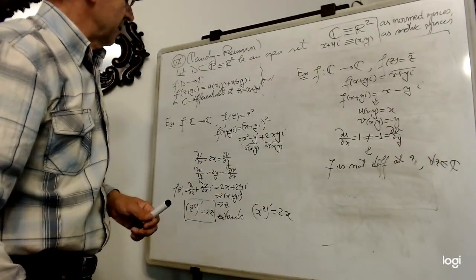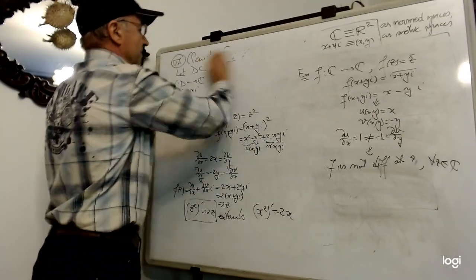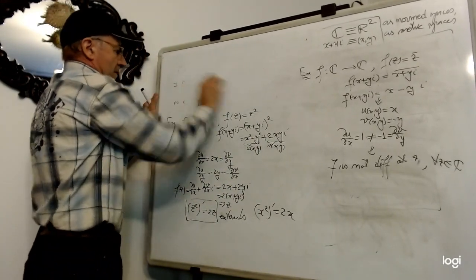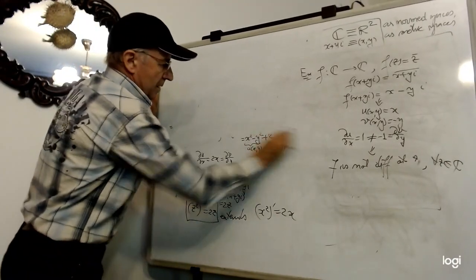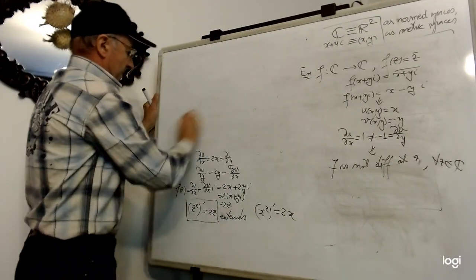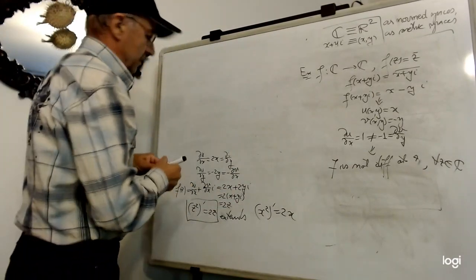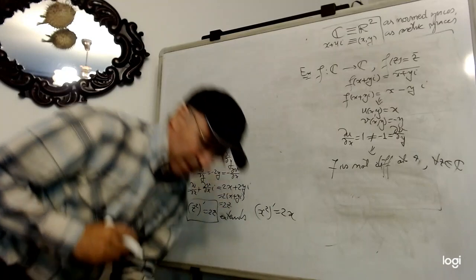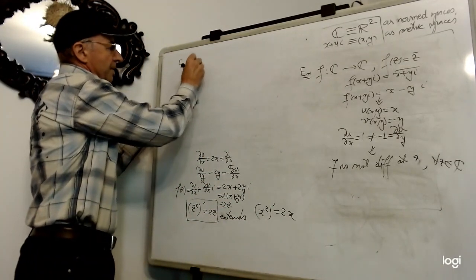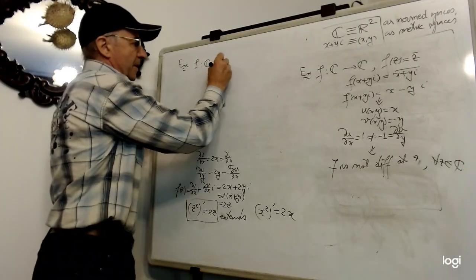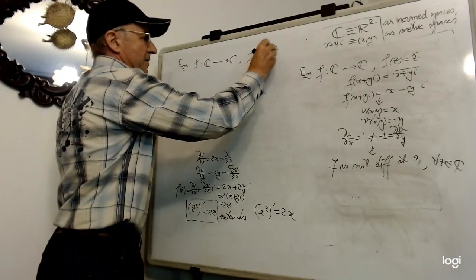And a last example, let us consider the exponential function. In the case of the exponential function, f is defined on the whole complex plane. f of z equals exponential of z.